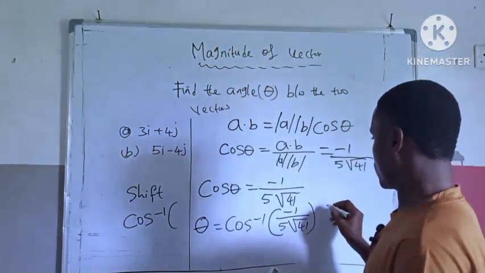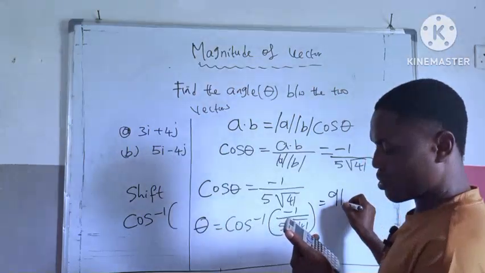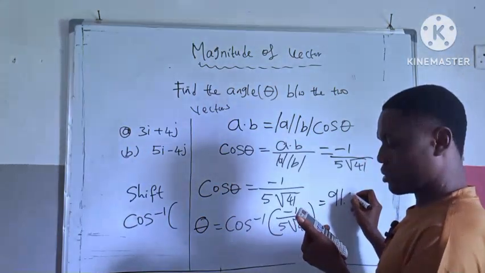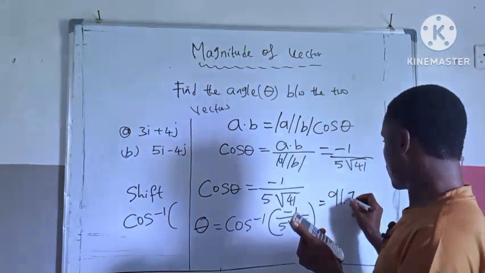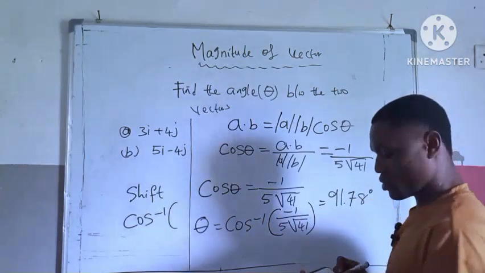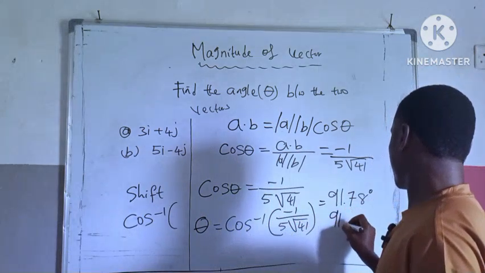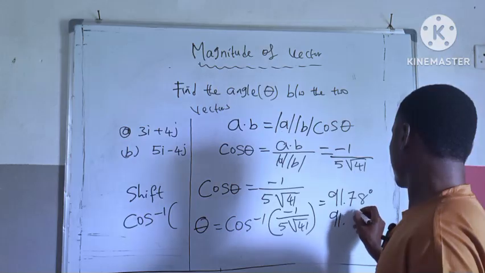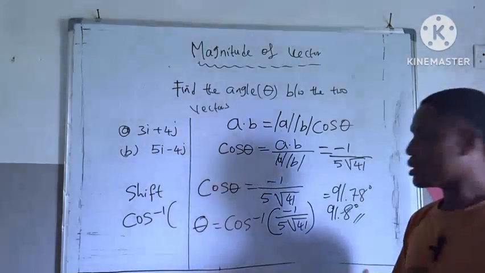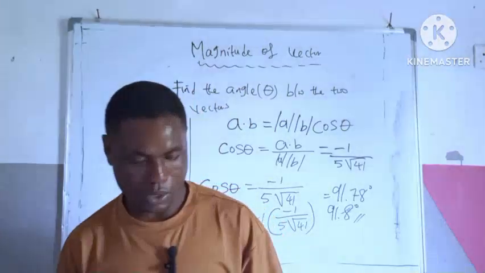So this is what you see, equal to 91.78 degrees. We are solving for an angle. Or you can approximate 91.8 degrees. So this is the angle between these two given vectors.